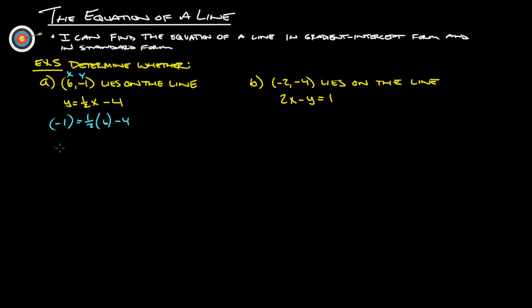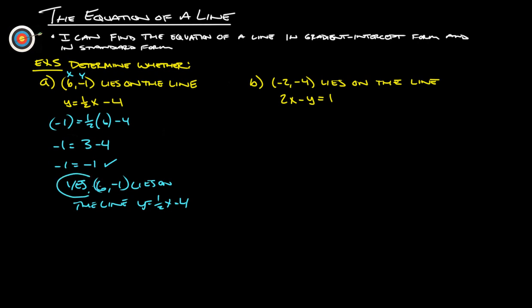Half of 6 is 3, minus 4: we get -1 equals 3 minus 4, which is -1. So yes, (6, -1) lies on the line y equals 1/2 x minus 4.